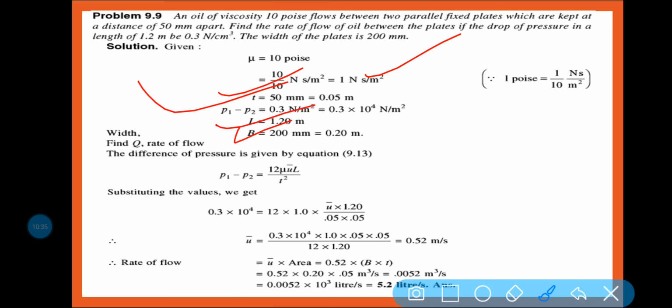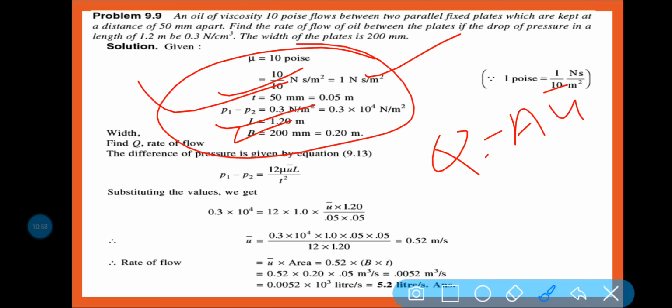Now what you have to find out? Discharge Q, rate of flow. If you want to find out rate of flow, discharge, then area into average velocity is your discharge. Now find out average velocity, because it is not given. So how can we find out average velocity? You have to recognize what the given data are, and based on this given data can I find out average velocity?